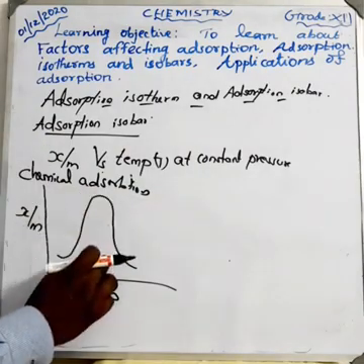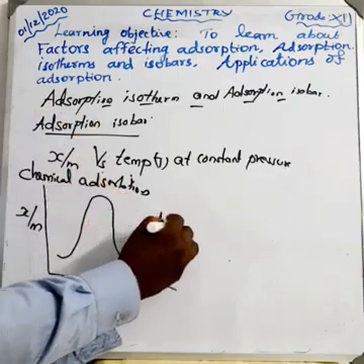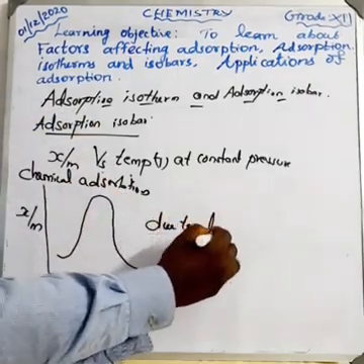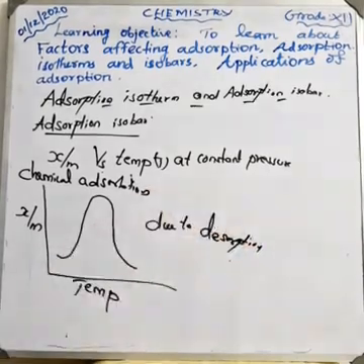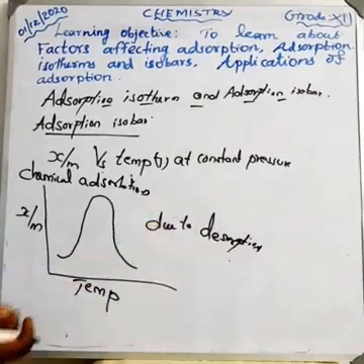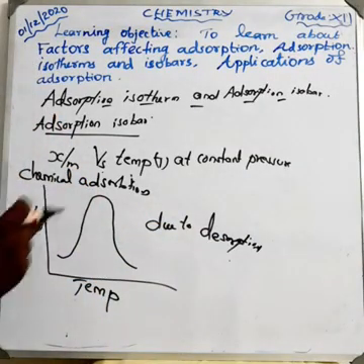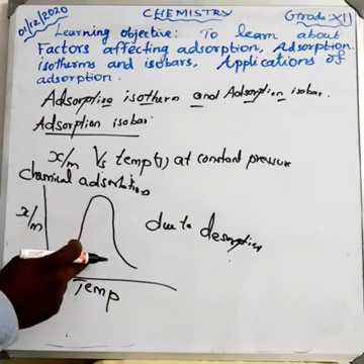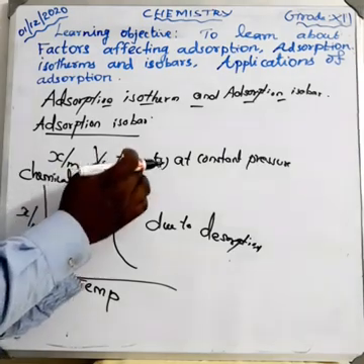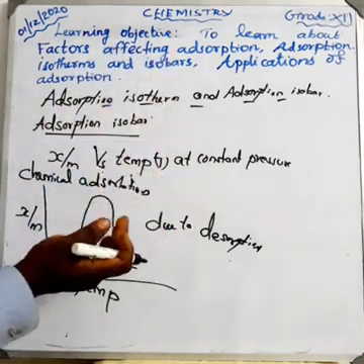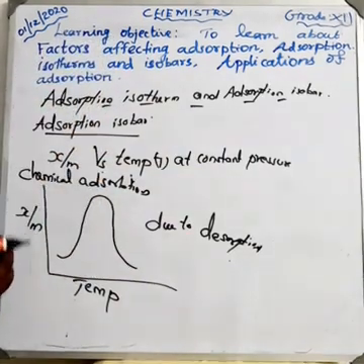Why is it decreasing at high temperature? The decrease is due to desorption. The increase is due to the requirement of activation of the surface for adsorption.